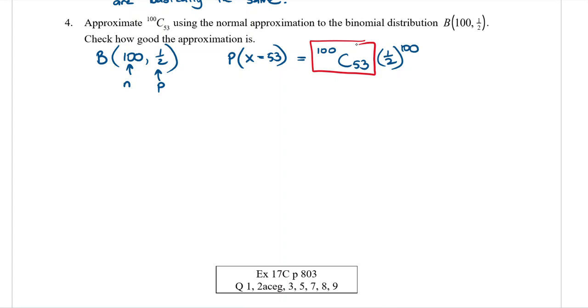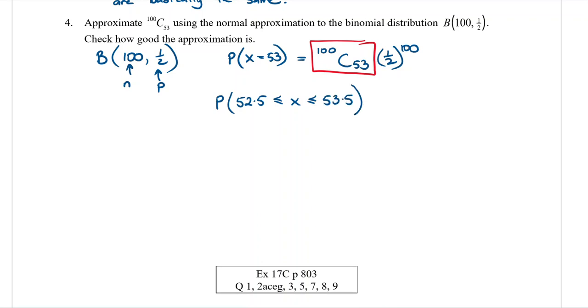Okay, so I'm down to z-scores again, so continuity correction time. If I'm looking at x equal to 53, then I'm changing this into z-scores. I'm going to do half below 53, which would be 52.5, and half above 53, which would be 53.5.